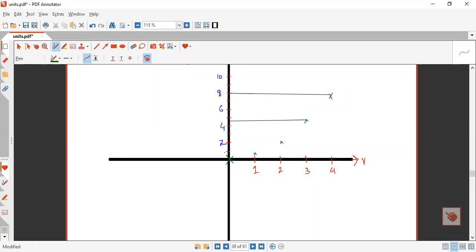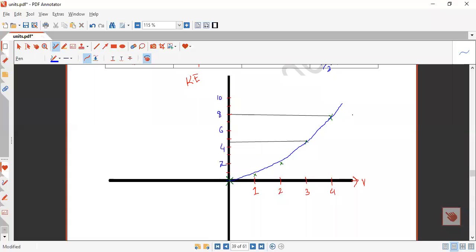No. I'm not getting a straight line. I'm getting a curve like this, students. This curve, whose gradient is increasing or decreasing? Increasing. So the positive gradient is increasing. It is a curve with increasing positive gradient.